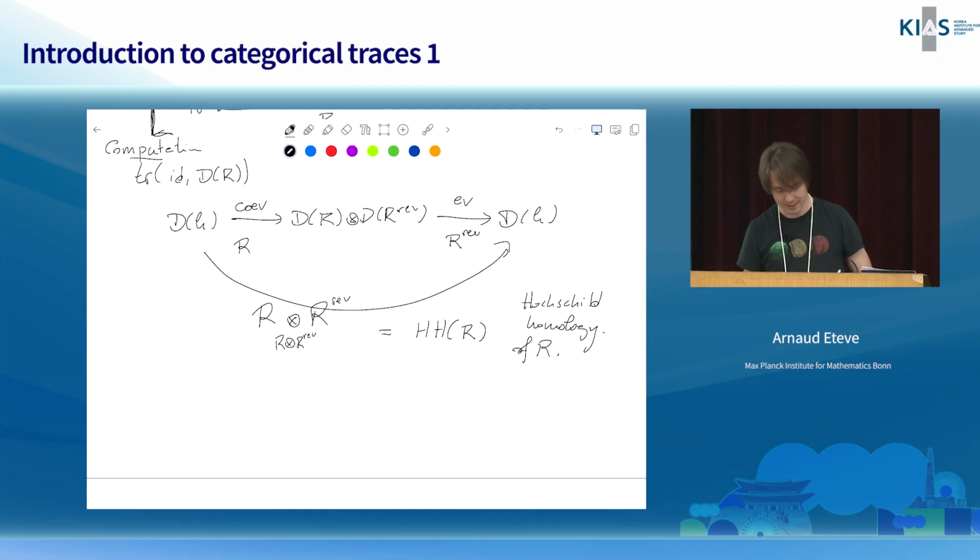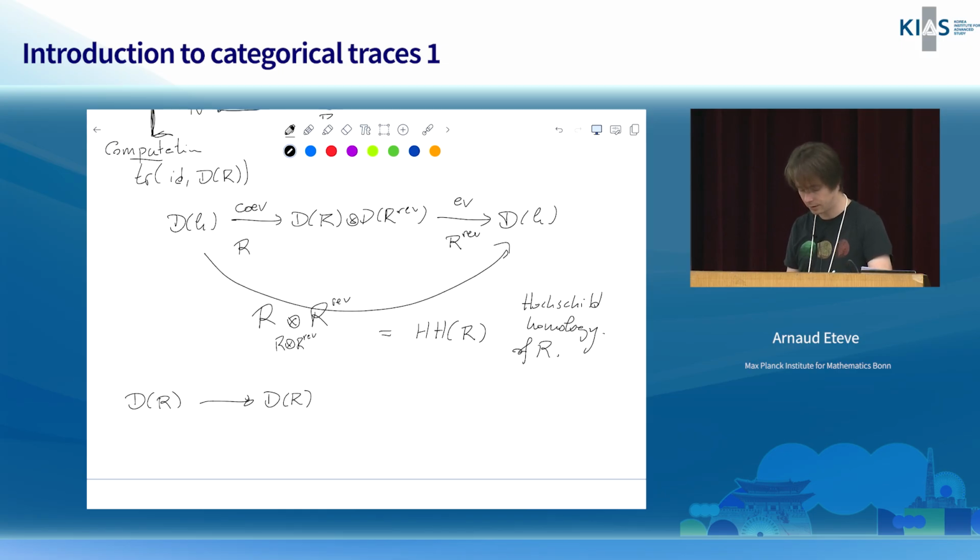All right. Now if I take a slightly more general example, a genuine endomorphism from D of R to D of R itself, that endomorphism will be given by tensoring over R with some kind of bimodule M, some R bimodule.